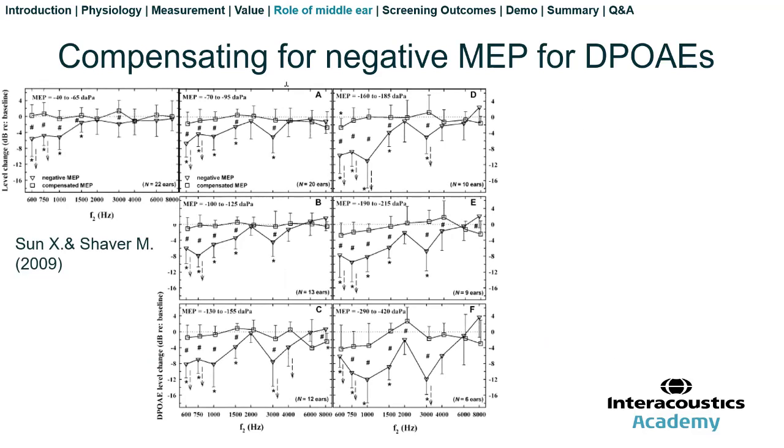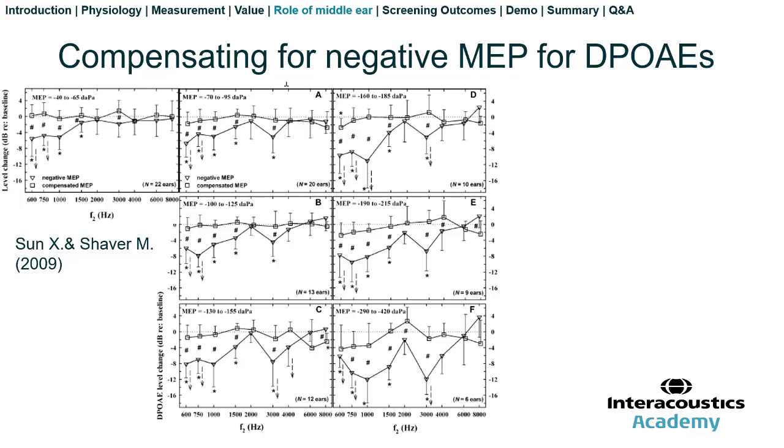Sun and Shaver examined 36 normal adults, and they wanted to see the effect of middle ear pressure on distortion product OAEs to validate the effect of compensating for negative pressure on distortion product emissions.